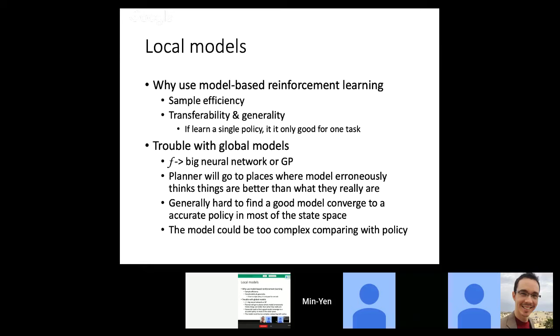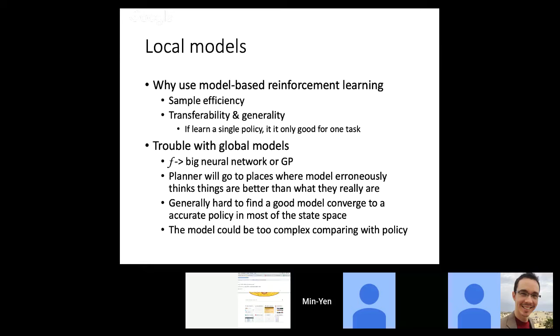Also, generally, it's very hard to find a good model to converge globally for a particular task. And sometimes the model itself could be too complex compared with the policy. So you can have a simple policy, but you need a very complex model, and it's very hard to get this model.